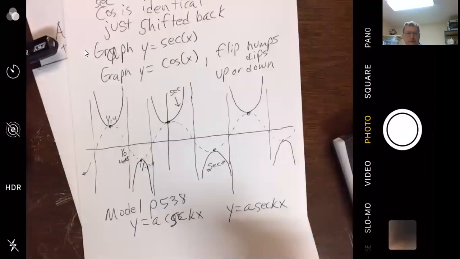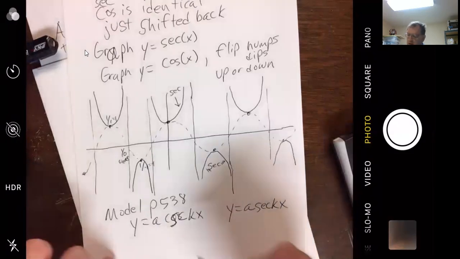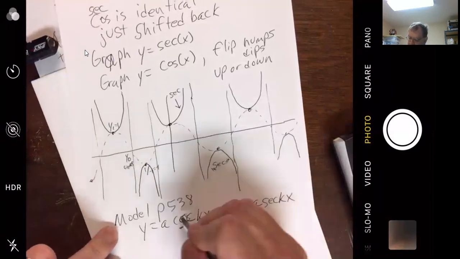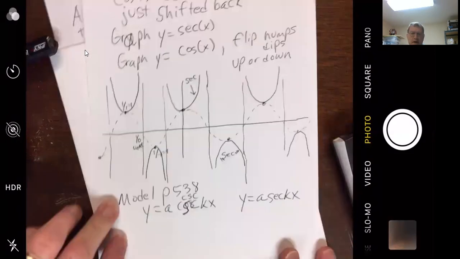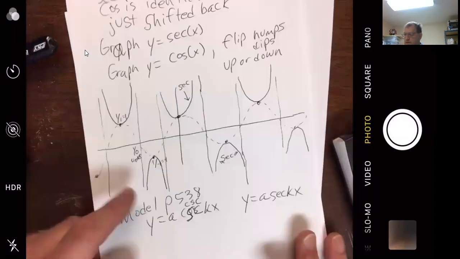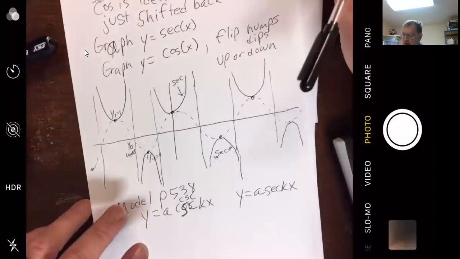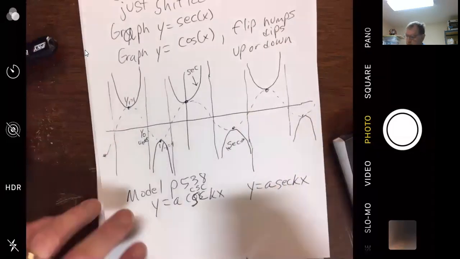Okay, here's the big difference on a cosecant or secant. That is CSC. Sorry about that. Can't erase. That's the one big difference with the blackboard, is that I can't erase, unless I use pencil, I suppose.